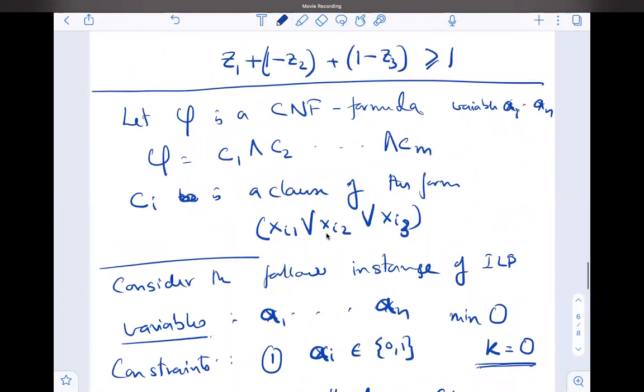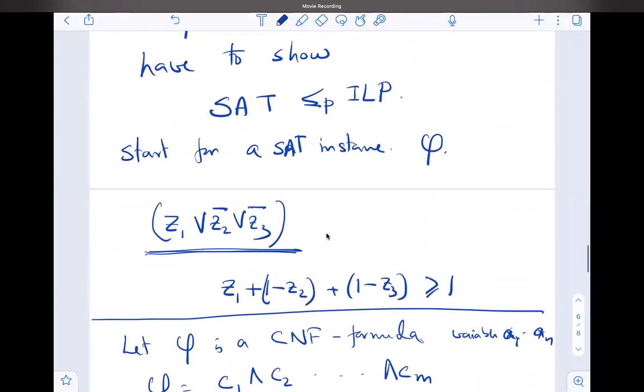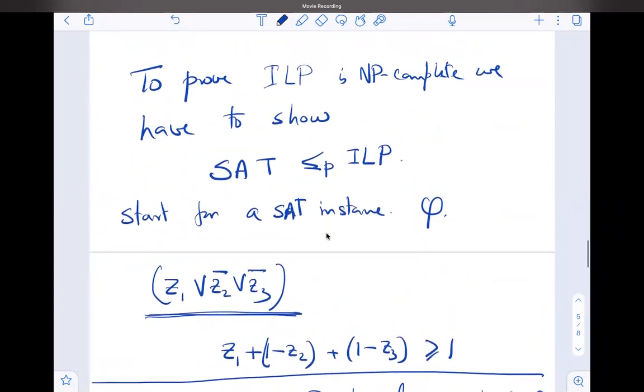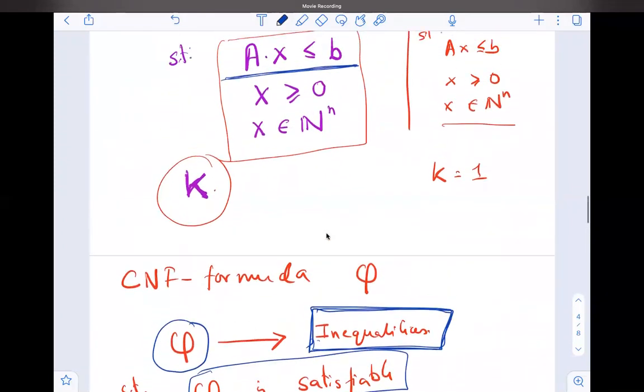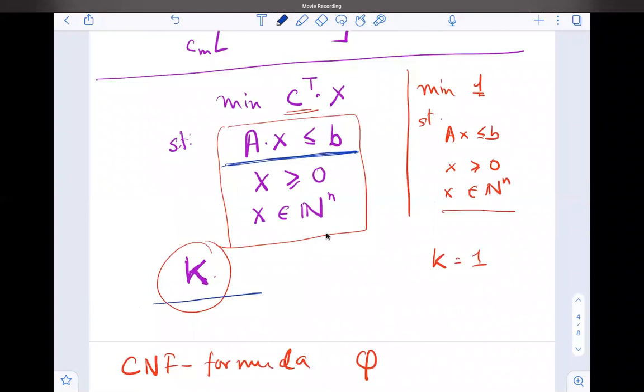The ILP instance says that this is 1 if there is a satisfaction thing which is less than k. This one here doesn't matter.